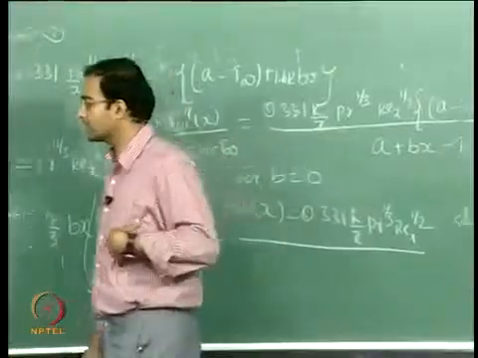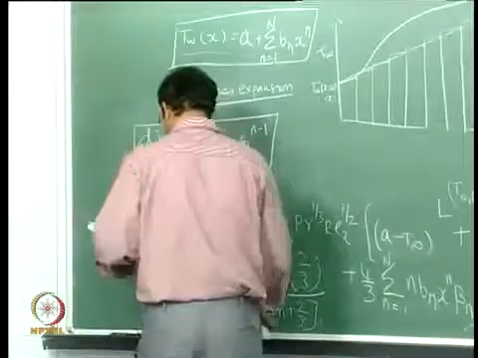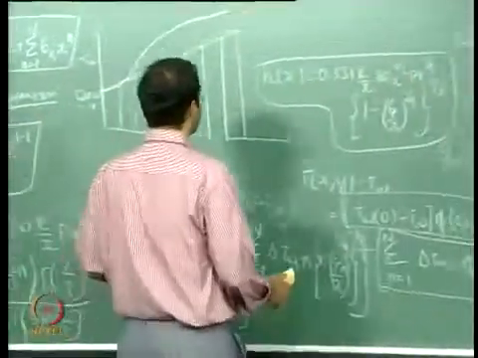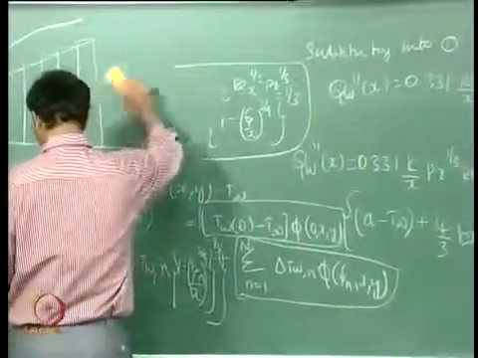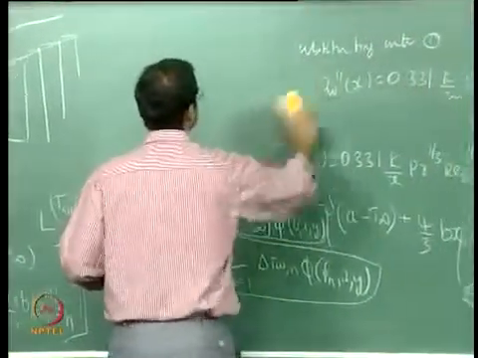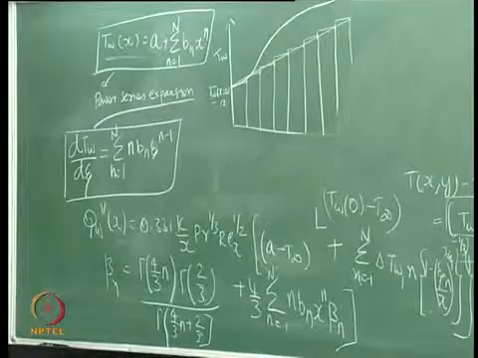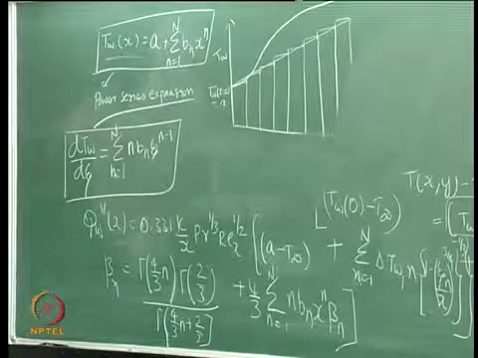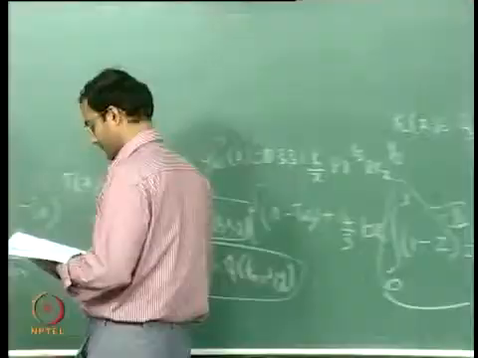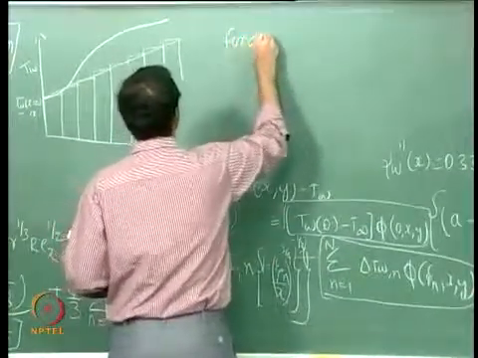That is also a little bit more complicated derivation. I am not going to do that. I will only give you the final solution for the wall temperature variation for a non-uniform wall flux.